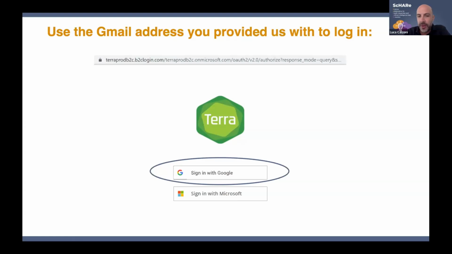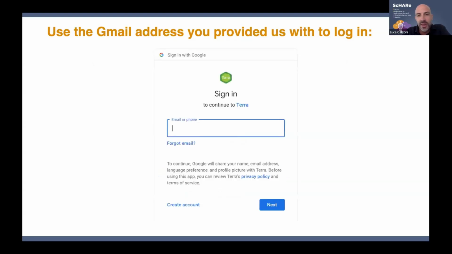Once you click on sign in with Google, you'll be brought to this screen, inviting you to input your email address. Again, that needs to be the Gmail address that you provided us with. You just have to type it there, and when you're done, you can click on next, the blue button at the bottom.